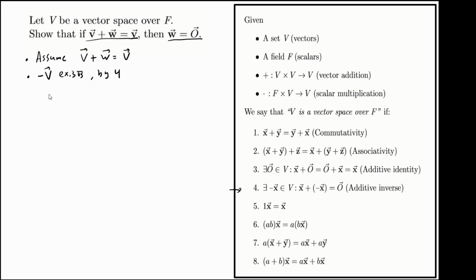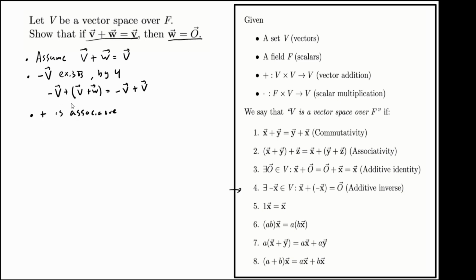So we have minus V plus V plus W is equal to minus V plus V. Now, let's use the fact that vector addition is associative.